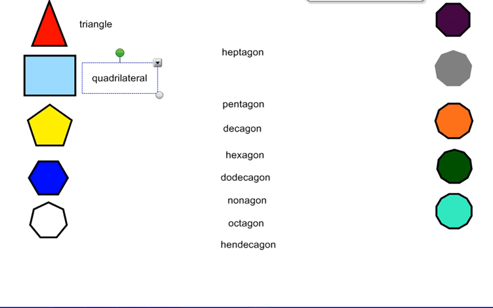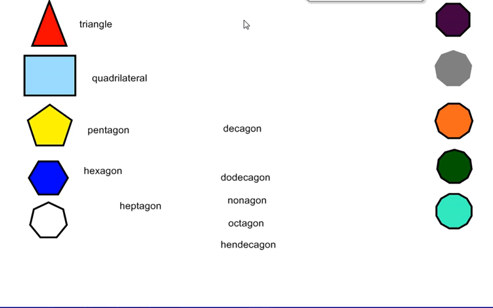Quadrilateral. Five-sided is our pentagon. Six-sided, hexagon. Seven-sided, that one might not be as familiar, but that's our heptagon. Eight-sided, that's our ever-present octagon.